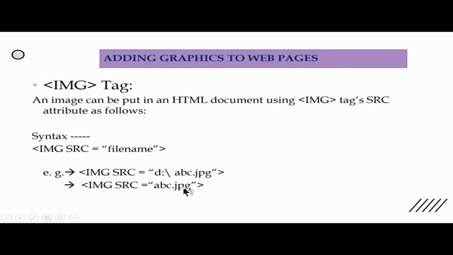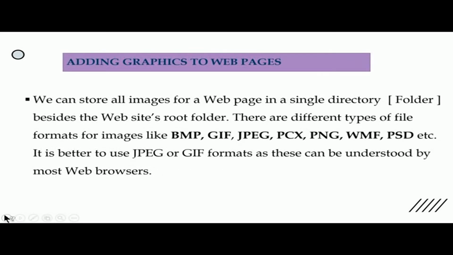In this case, this indicates that the HTML file and image file are available in the same location or the same folder. We can store all images for a web page in a single directory besides the website's root folder.